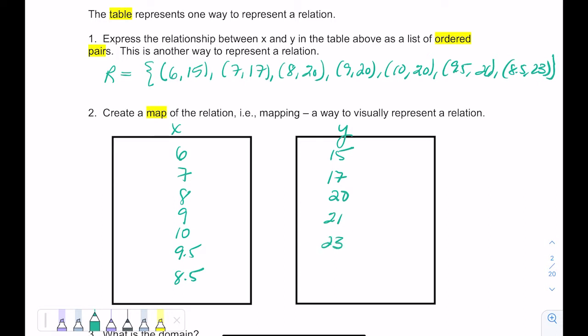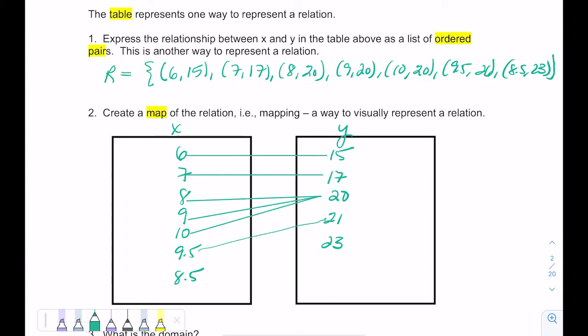And then you just draw arrows from each X to its corresponding Y. So 6 goes to 15, 7 goes to 17, and then we have a bunch of the X's go to the same Y value. 9.5 to 21 and 8.5 to 23.